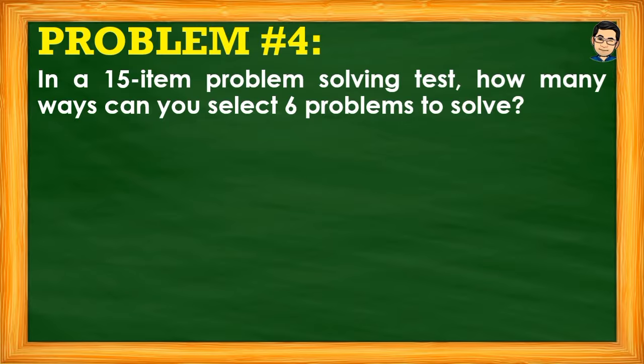Like, for example, kung kinuha natin or sinagutan natin yung first 6 problems, 1, 2, 3, 4, 5, 6. So, kung nakuha natin yung tamang sagot dyan, we will get 30 points. And then, what if ang kinuha natin is yung 10, 11, 12, 13, 14, 15.